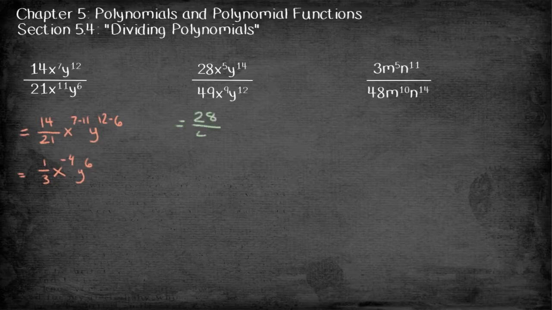So for the second guy, we'll take 28 over 49, divide the x's, which means subtract exponents. And we get 4/7 x to the -4, y squared.